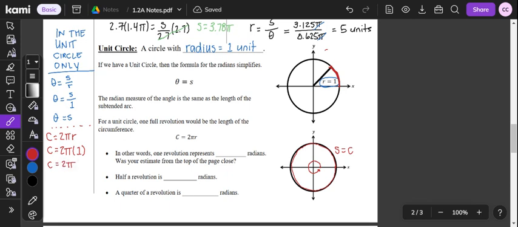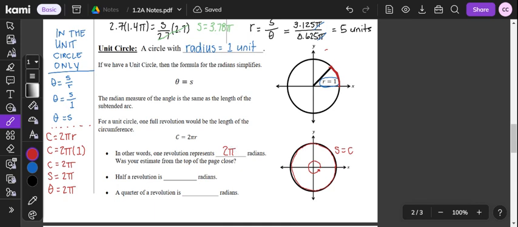And we're talking about the circumference, the full circle, so that means the arc is the entire circle, so that means S must also be equal to 2 pi. And we just showed up here that theta is equal to S, so that means theta must also be equal to 2 pi. So right here, in other words, 1 revolution of a circle represents 2 pi radians.